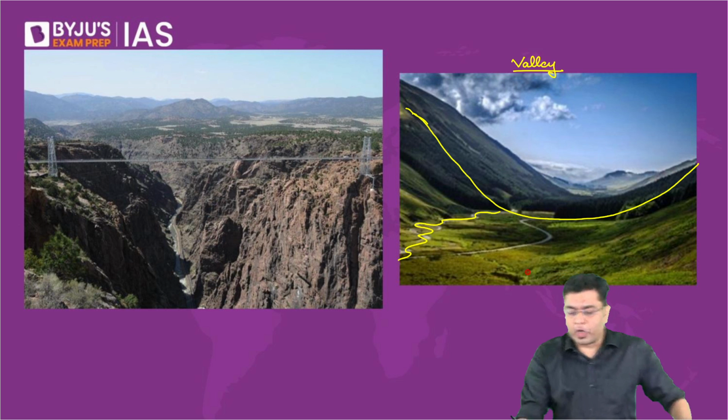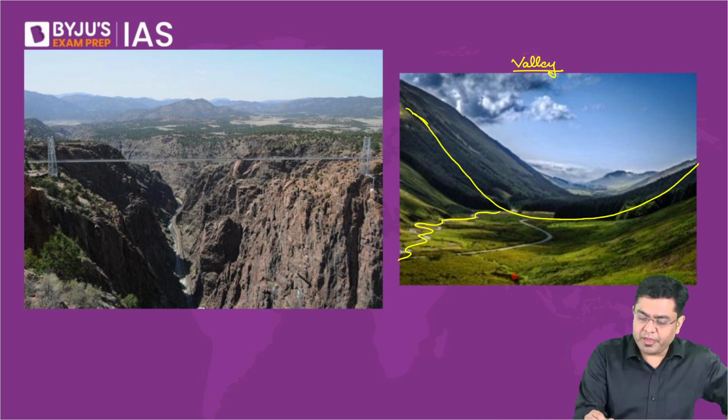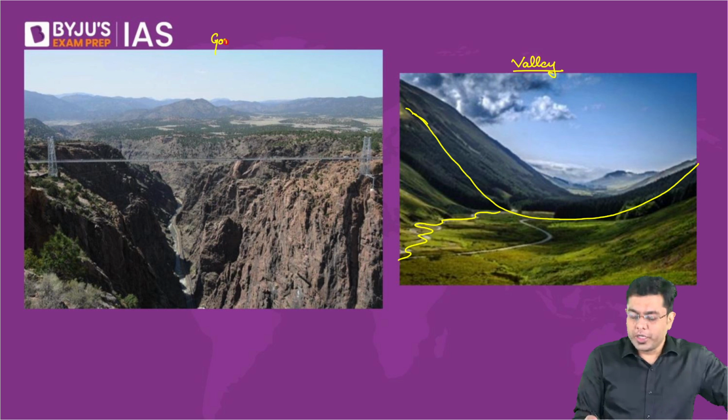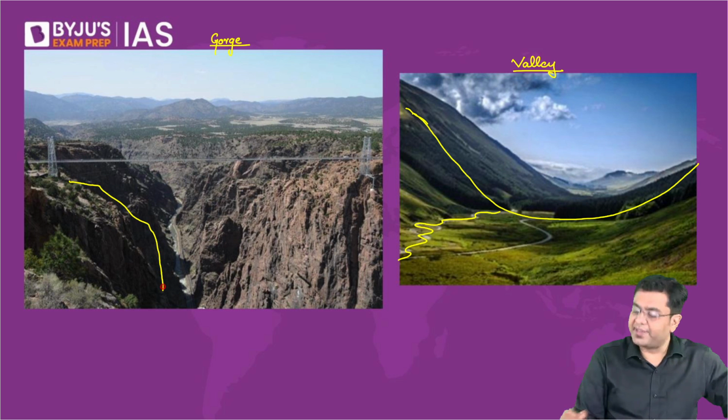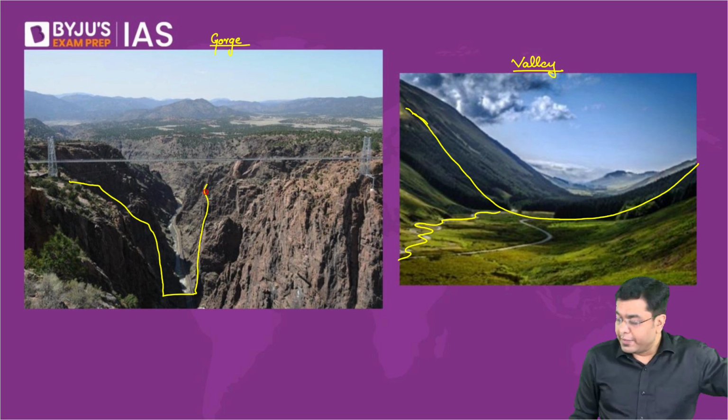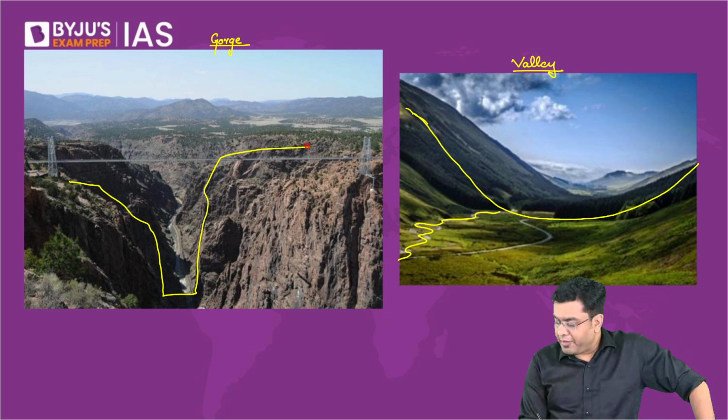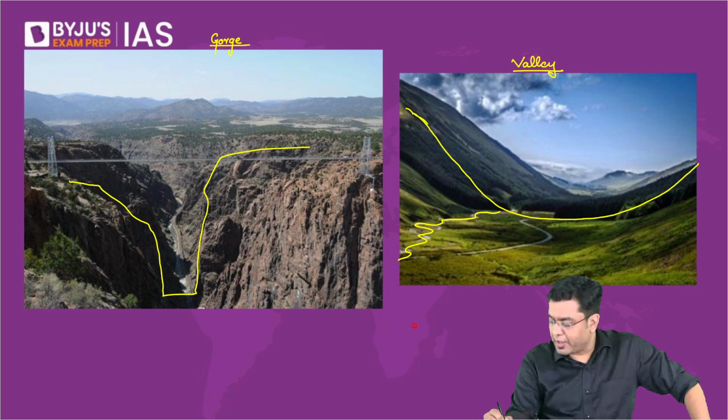Whereas when we talk about a gorge, it is not a George, by the way. Many of you have the pronunciation as George. It is not a George, it is a gorge. So in the case of a gorge, you will get a steeper portion, almost vertical wall-like section will be created. So overall, the valley will represent a kind of a feature like this.